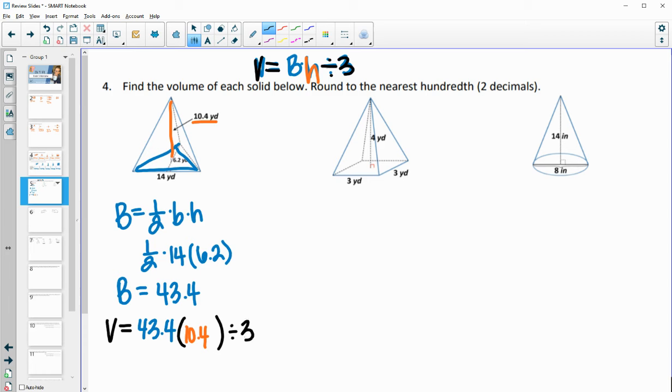So 43.4 times 10.4 divided by 3 gives us a volume here of 150.453. So we'll leave it at 150.45, and then yards cubed for volume.